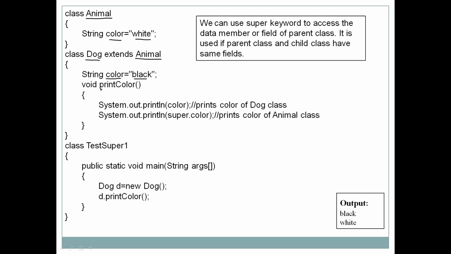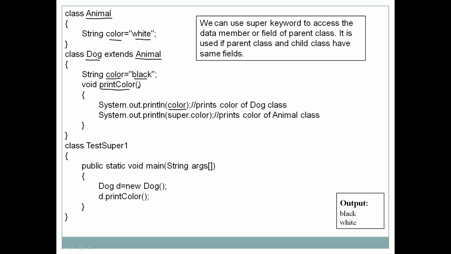We have a method in the child class. The method is void printColor, and in the System.out.println we are printing the color here. So we have passed the color variable to println, which will print the value of the color variable. The value of color variable is black. Now here one problem you may see: when I say System.out.println color, which color will be displayed?